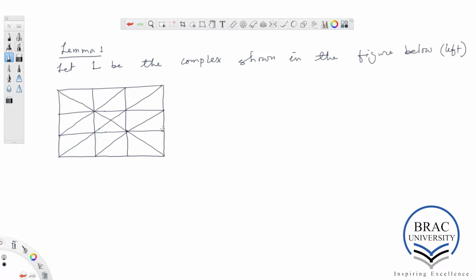By rectangle we mean this entire region bounded by this one-dimensional shape.